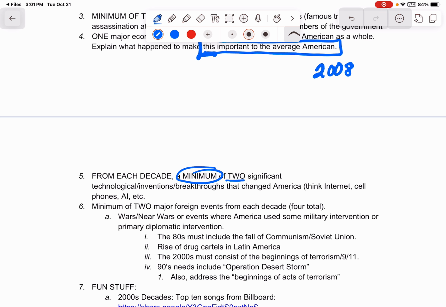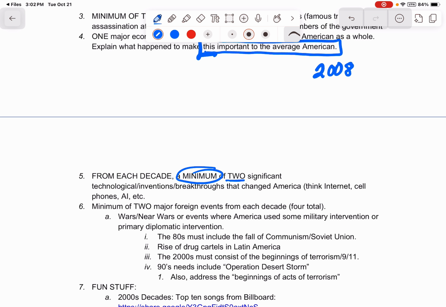Technological inventions, medical breakthroughs, the internet, cell phones, ChatGPT, and so on. You name it. Major medical breakthroughs. This is huge.